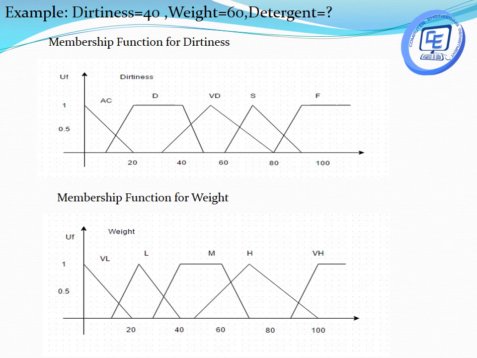Hence overlapping, yes, it is allowed. The next question may be how to take these ranges, that is, as we have taken for almost clean 0 to 20, dirty 10 to 15, very dirty 30 to 80 and so on. So the answer is we can take all these ranges logically.